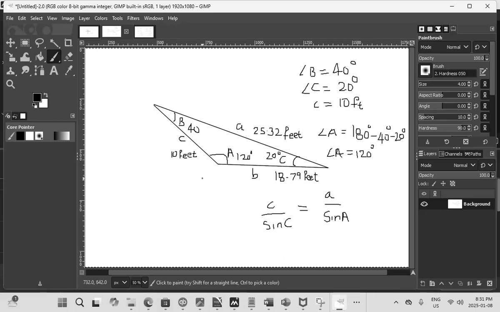And this is basically how you figure out the sides and the angles using the sine law for an oblique triangle.